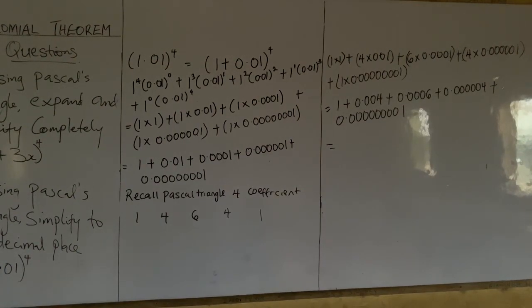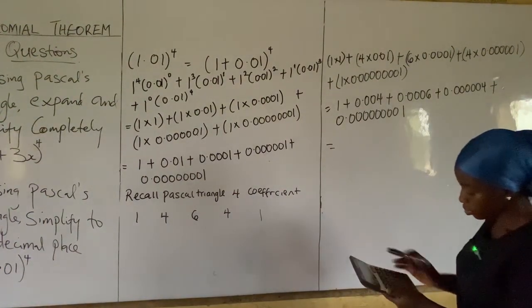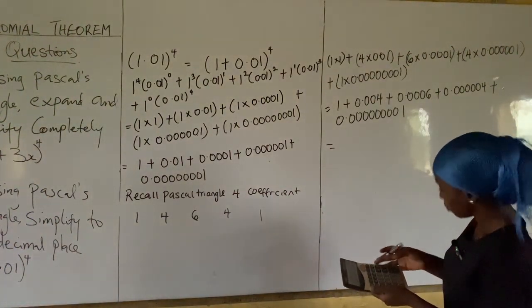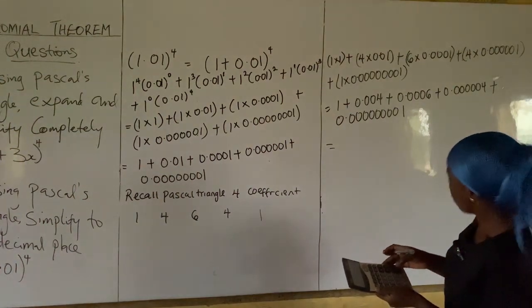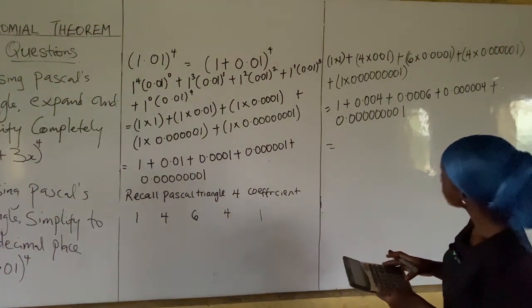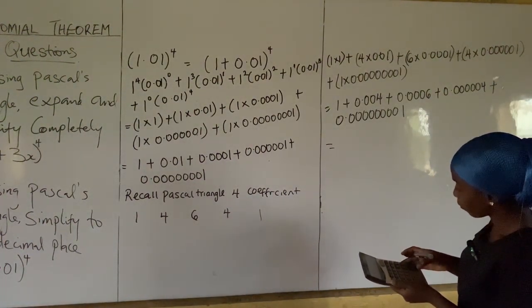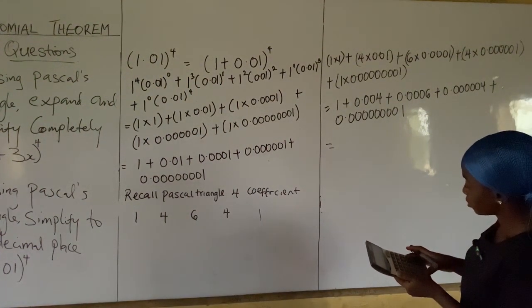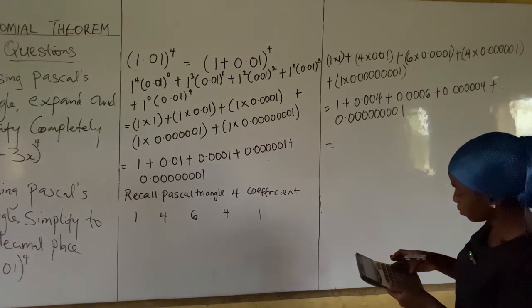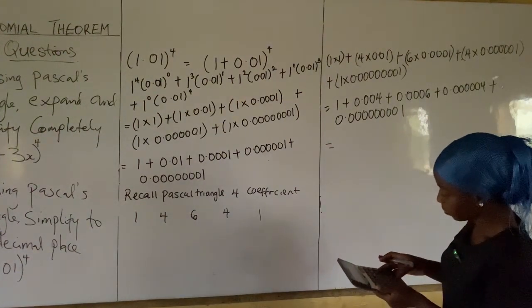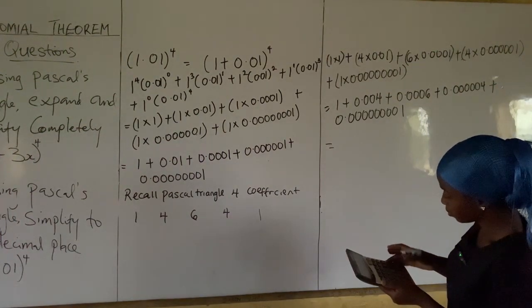I'll be having 1 plus 0.04 plus 0.006 plus 0.0004 plus 0.00000001.